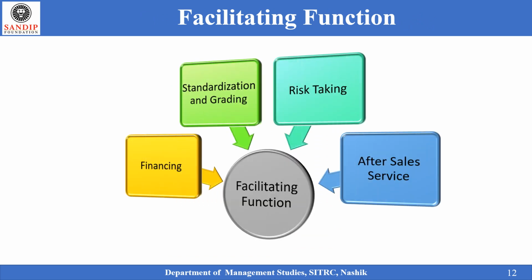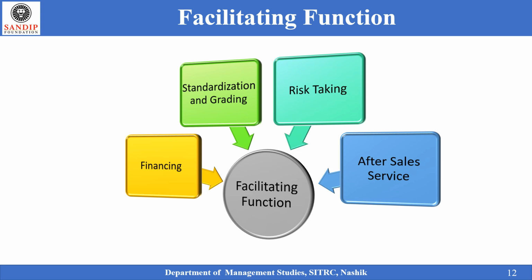The facilitating function is here because when a customer comes to buy a product, there are many other needs which would be required. Basically, he would need finance to buy the product. He needs to understand what the standard is in the grading function. This again comes in the product standardization function. The comparison with other products would take place.